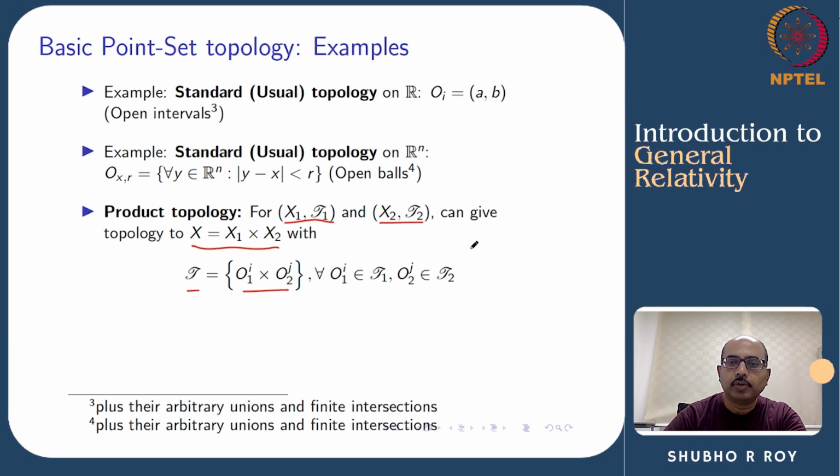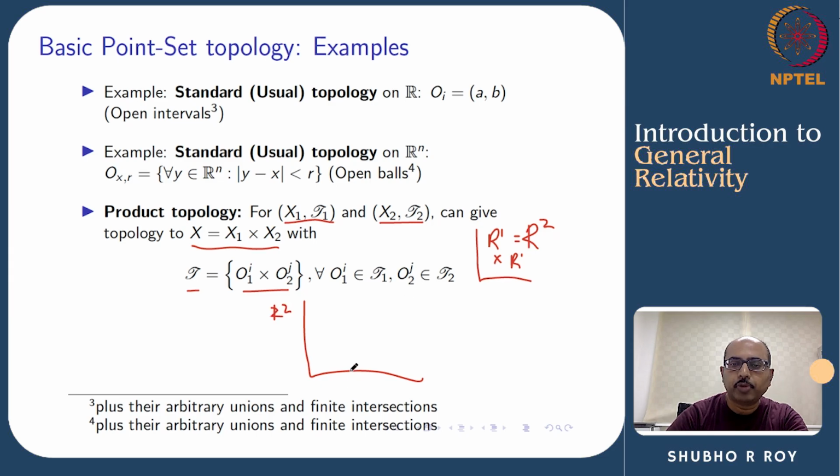Okay, so one example I would give is R2, which we know is the plane. You can think of it as R1 times R1, right? Let me draw it here, maybe it's better. This is R2.